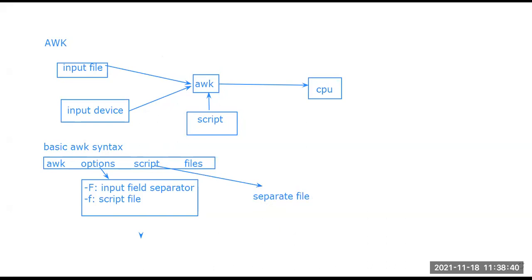As I have told, the basic AWK syntax is AWK, option, script and files. The option may be minus capital F or minus small f. Minus capital F is for the input field separator, and minus small f is to name the script file.